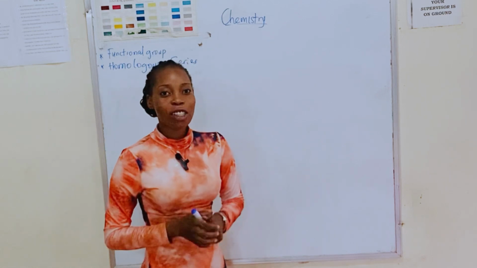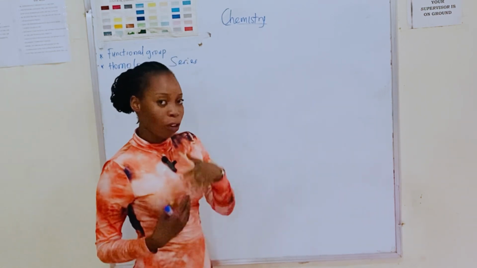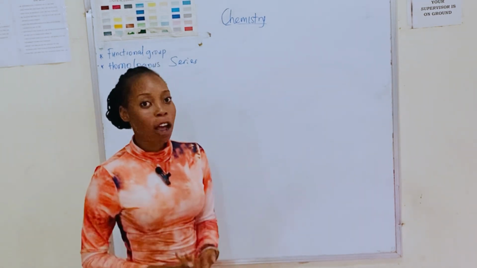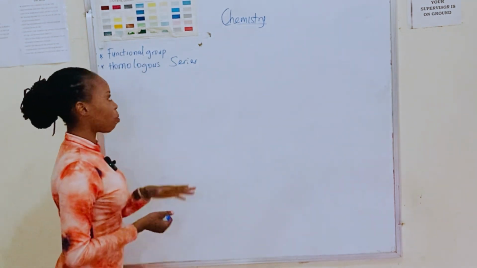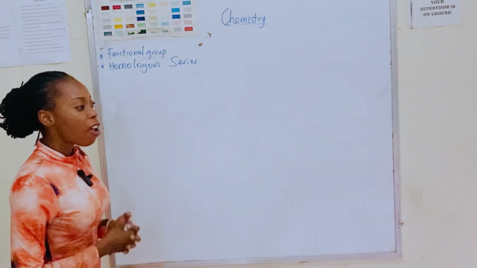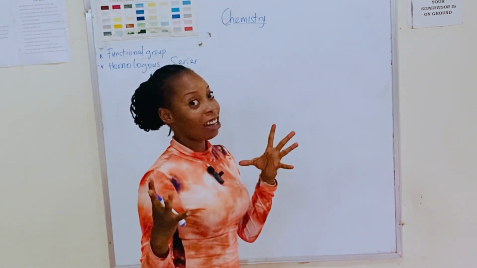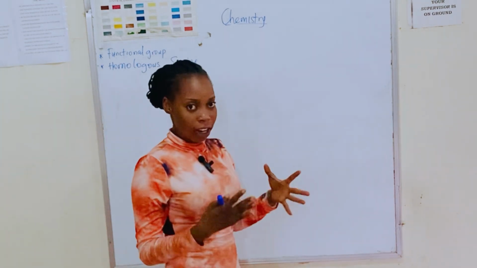Thank you. All right, so today we're talking about functional group and homologous series. We're starting with functional group. What is a functional group? A functional group, I would like to call it an ID card, an identity card for a family of organic compounds.